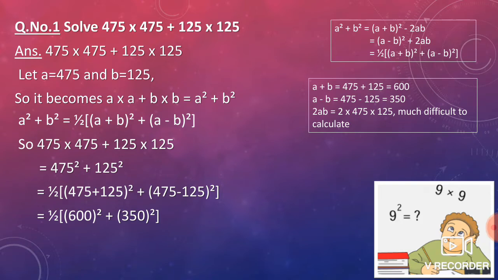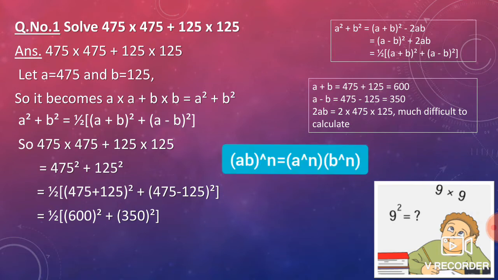Now we have to find the squares. 600 square: the last two digits of 600 are 0. Excluding the zeros, the number that is left is 6. If we consider the law of exponents, a into b whole raised to n equals a raised to n into b raised to n.